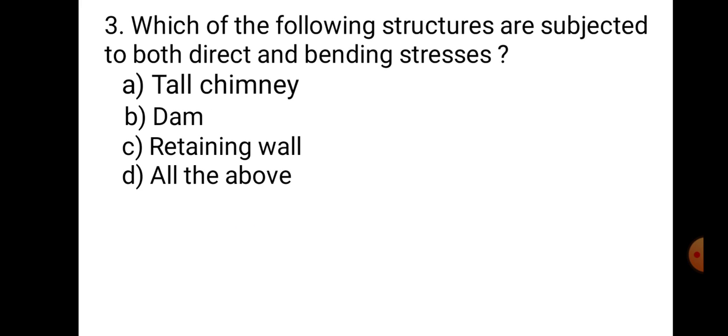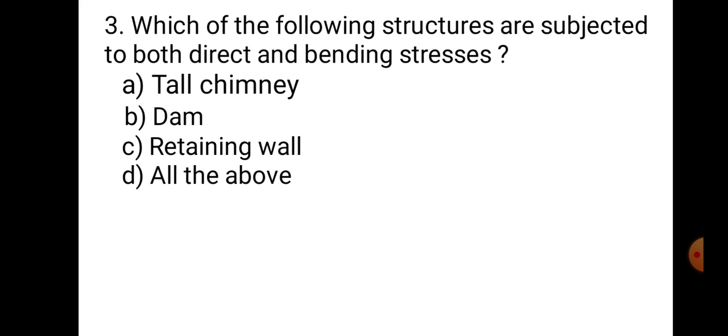Question number 3. Which of the following structures are subjected to both direct and bending stresses? A. Tall chimney. B. Dam. C. Retaining wall. And D. All the above. Now here, a tall chimney is subjected to direct stress due to self-weight, and bending stress due to wind pressure.